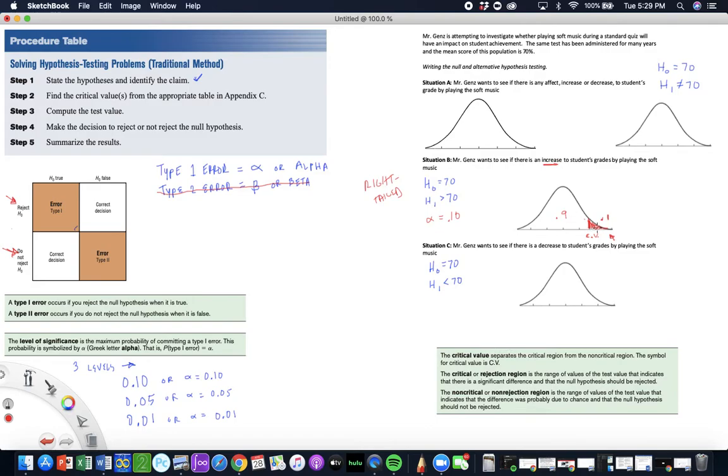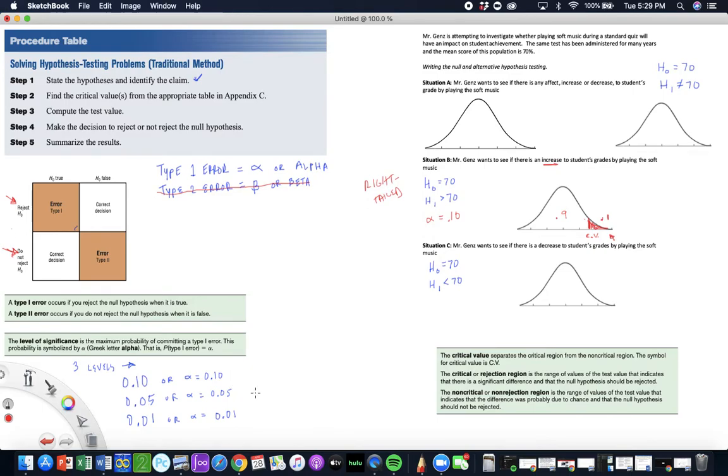I recommend watching 8.3 right after this video and you'll see the whole big picture. But if my sample mean falls within this critical area, I am going to reject the null hypothesis, with a 10% chance that I could be making a type 1 error.